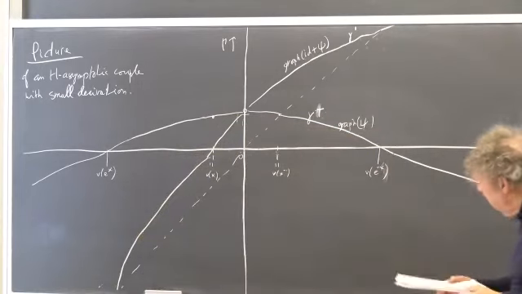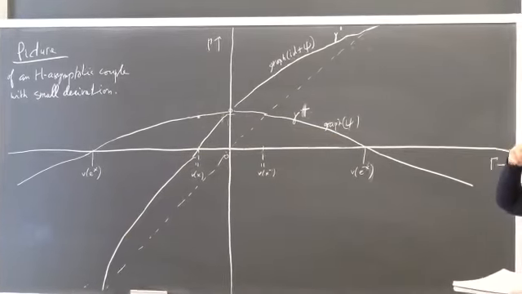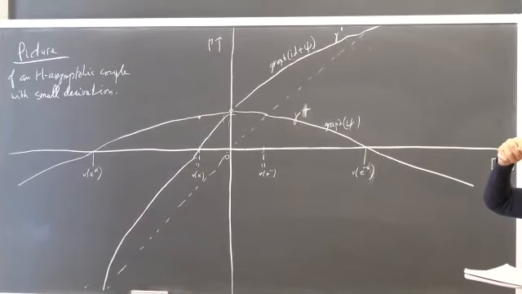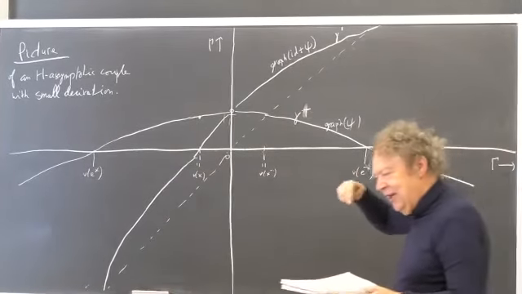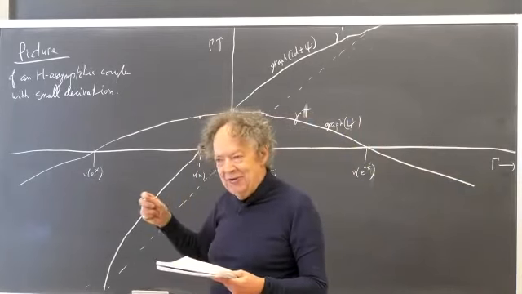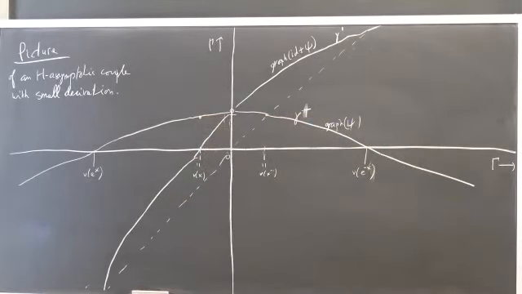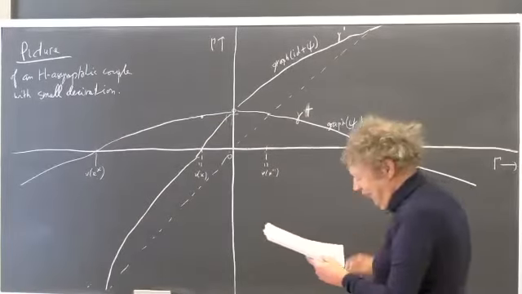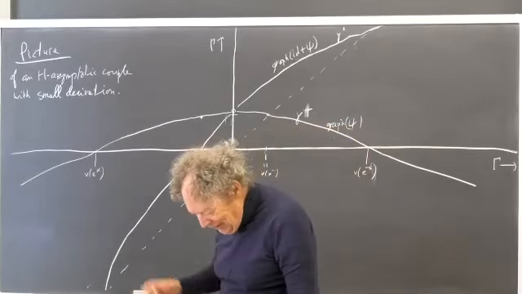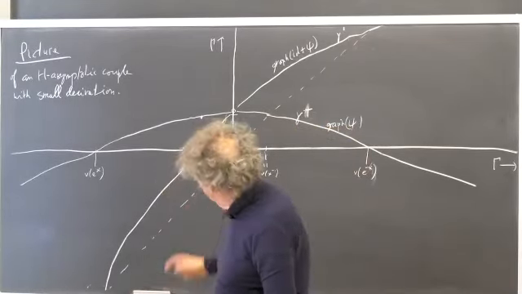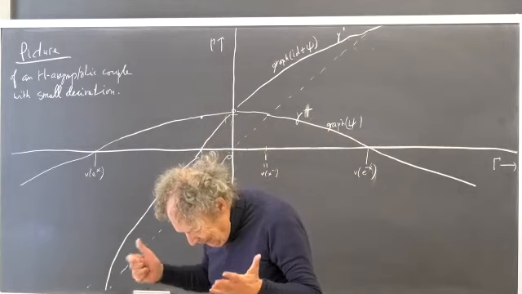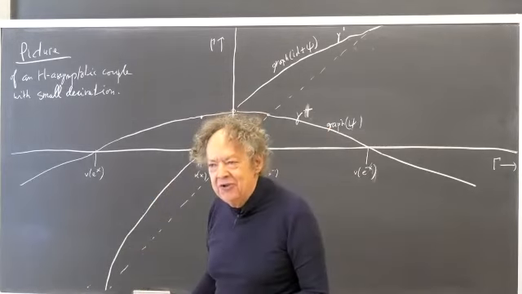This is a picture that I have almost 24 hours of the day in my mind if I think about Hardy fields or anything related to it. And if you get used to it, you get the right intuition, so to say.